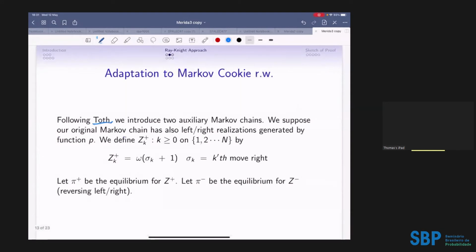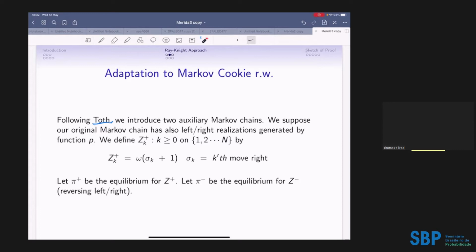But actually we look at the Markov chain at value sigma k, the kth move to the right, plus 1. Okay, this is a different Markov chain on these integers, and this will have an equilibrium, which won't be the same as pi, typically pi plus.